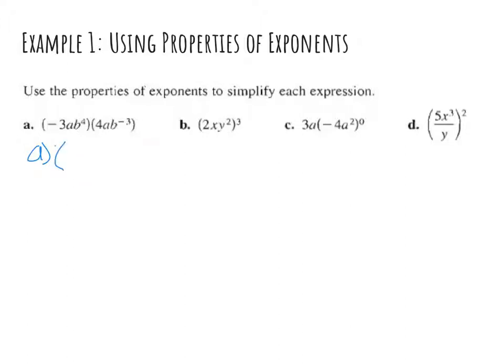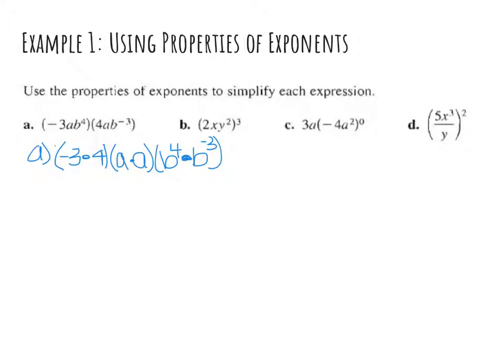So first we'll have negative 3 times 4, a times a, and b to the fourth times b to the negative third.